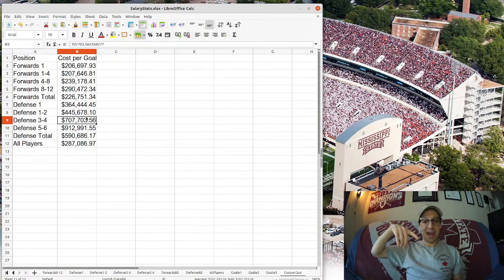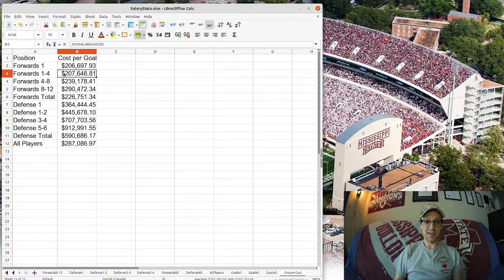You'd have to go back if you really want an explanation of that. There are different tiers of players, one for each position, top 12 forwards, top 6 defensemen, and then they're grouped into groupings here.